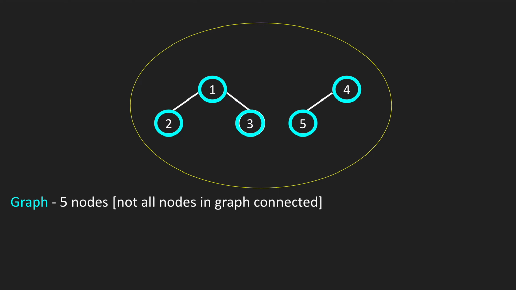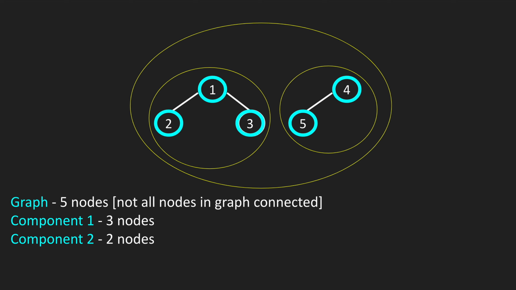That's the first one, right? And also we have 2 components. Component 1 has 3 nodes in this case, and component 2 has 2 nodes. To summarize, our graph has 5 nodes, and also our graph has 2 components. Component 1 has 3 nodes, and component 2 has 2 nodes.